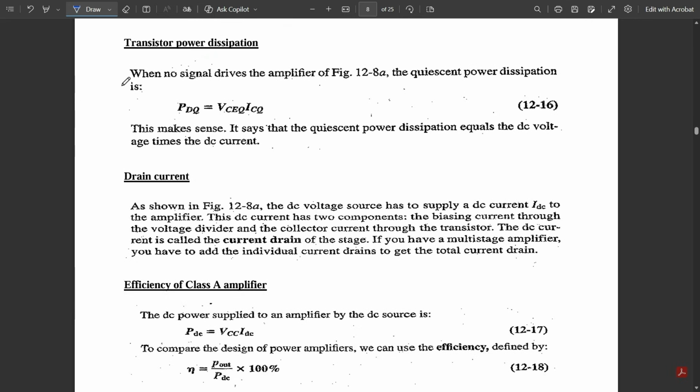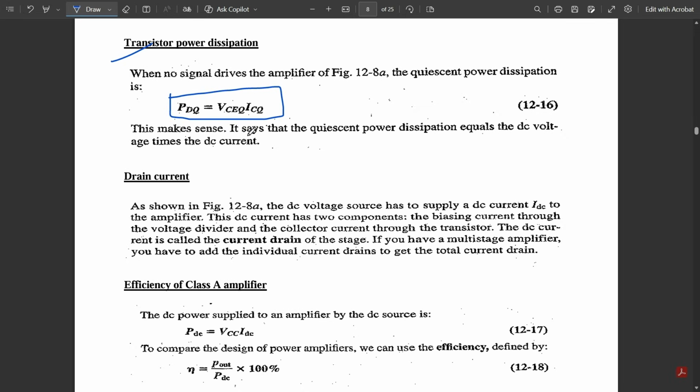Now let's get to one more factor, called transistor power dissipation. For the class A amplifier, the power dissipation equation is simply given by PDQ is equal to VCEQ into ICQ. When no signal drives the amplifier in the above figure, the quiescent power dissipation is PDQ equal to VCEQ into ICQ.